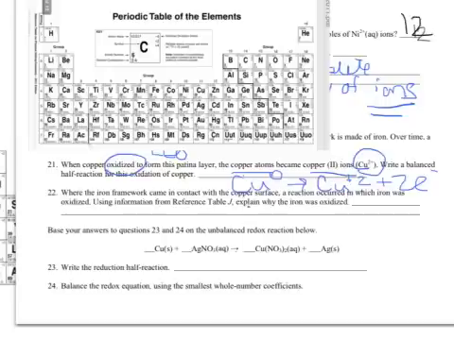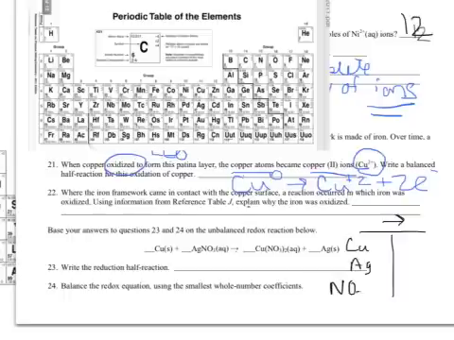So when we create the t-chart, we're going to take an inventory of the elements. Now, the t-chart is separated by the arrow, or the reactants and the products. So here, the atoms we have present are copper, silver, and nitrate. I'm going to keep nitrate together because it's a polyatomic ion and it's unchanged on both sides of the reaction. It just makes balancing a little easier.